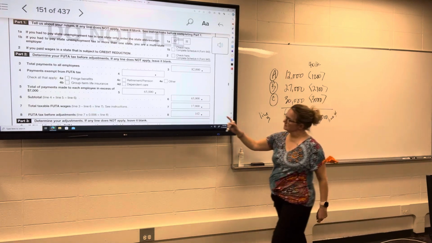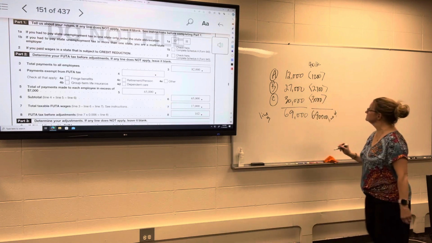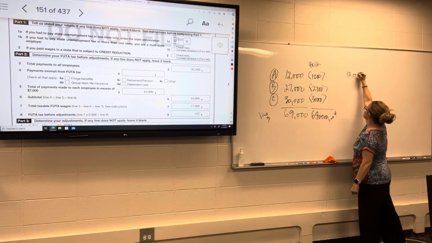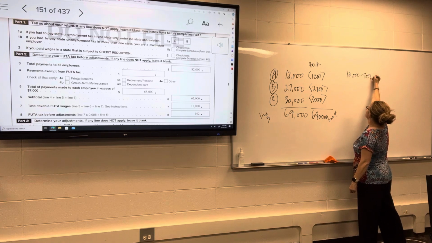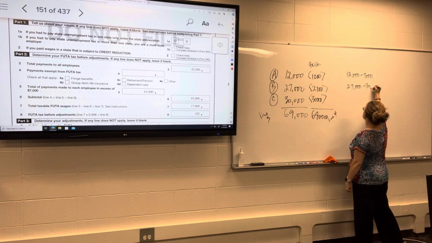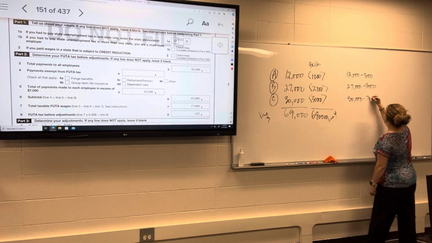And then total of payments made to each employee in excess of 7,000. Then we have to take our 12,000 minus 7,000, 27,000 minus 7,000, 30,000 minus 7,000.